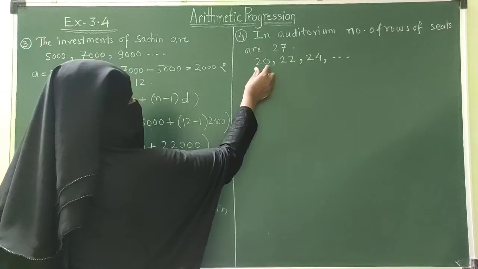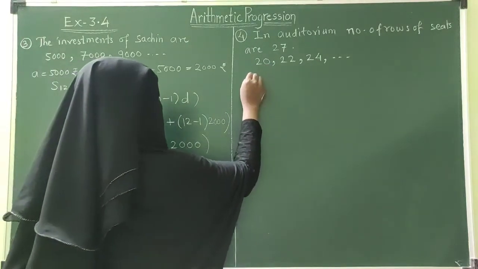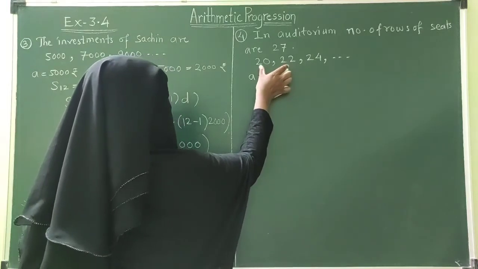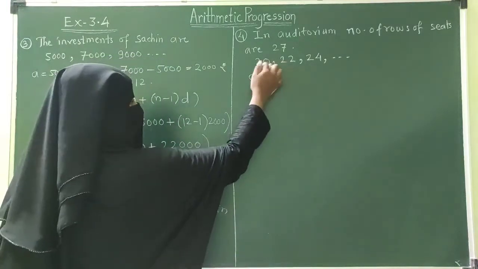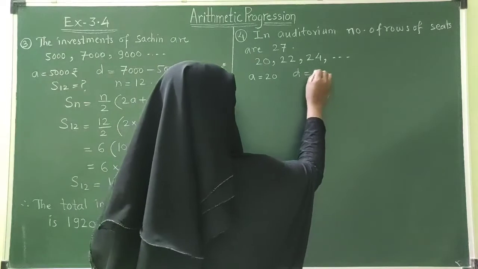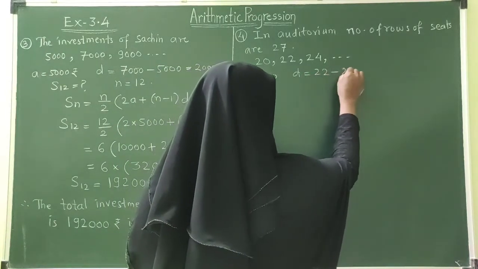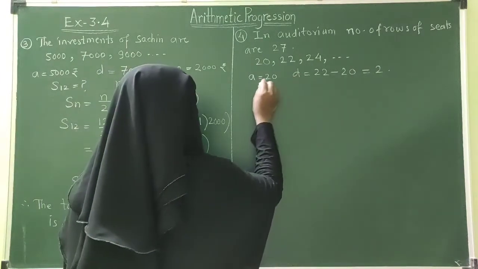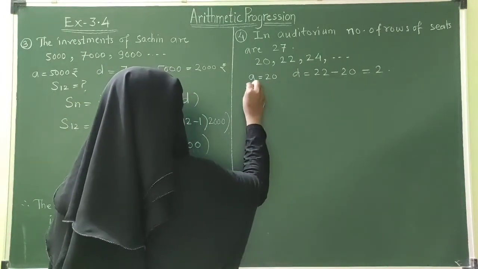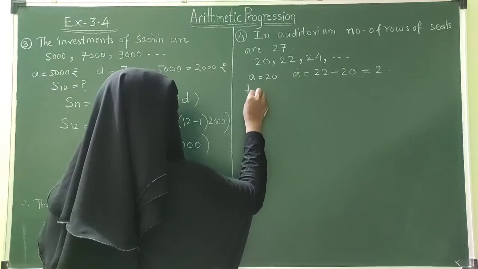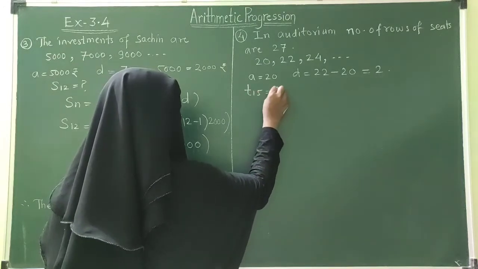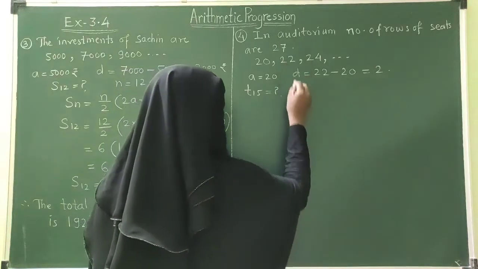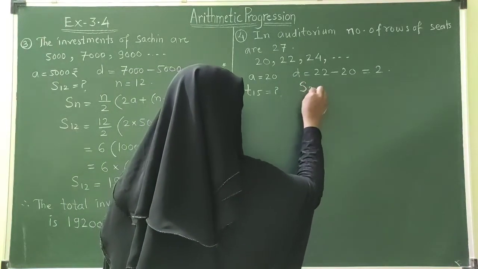Here we see the first term is given 20, a is equal to 20 and the difference between two rows is 2. D is equal to 22 minus 20. We have to calculate T15, the number of seats in 15th row, and the total number of seats in the auditorium, that is S27.